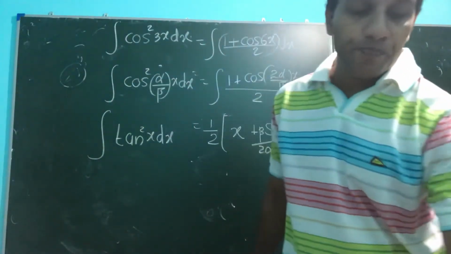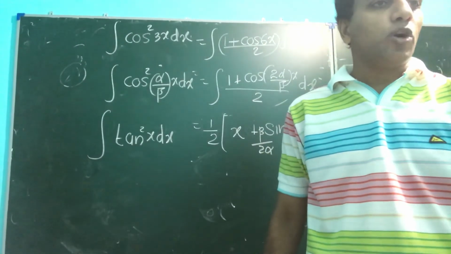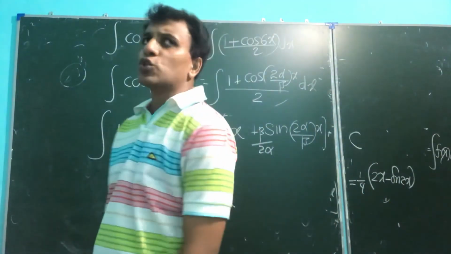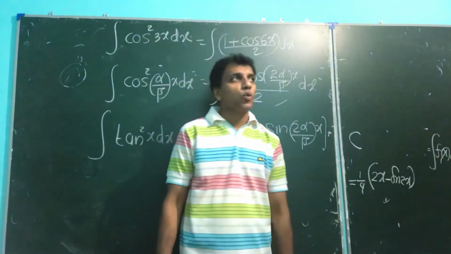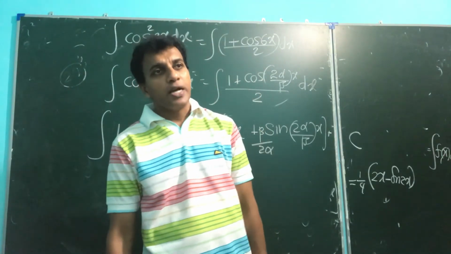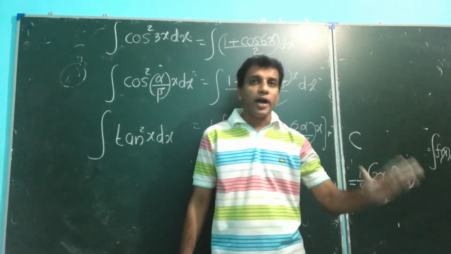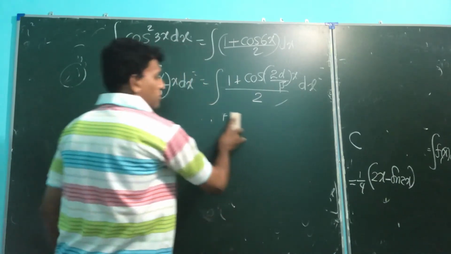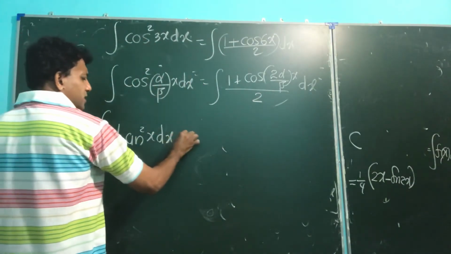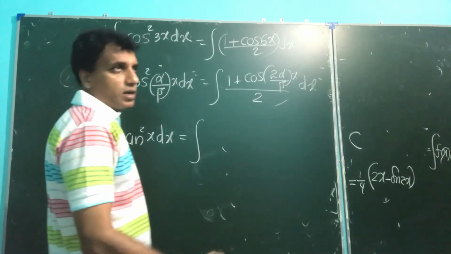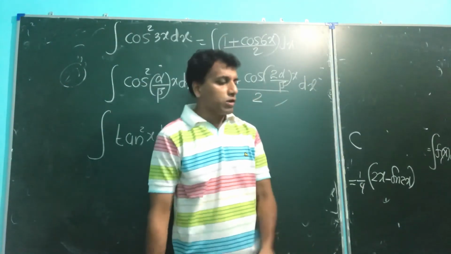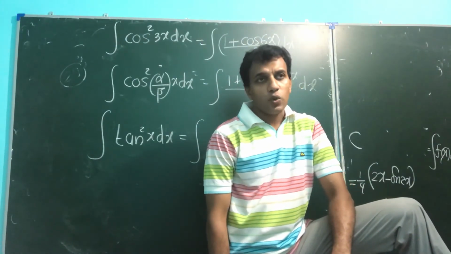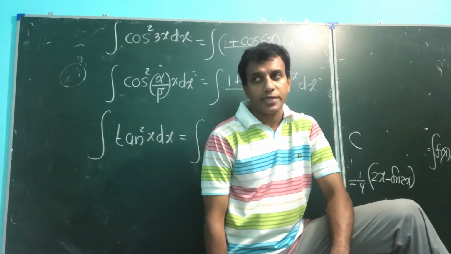Tan square. This morning I showed many trigonometric identities for tan, cos, sec and everything. Wherever tan square comes, we change it to sec, because sec square theta is 1 plus tan square theta.